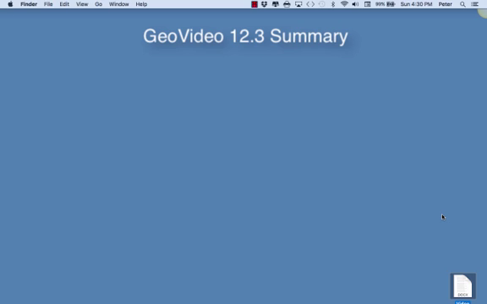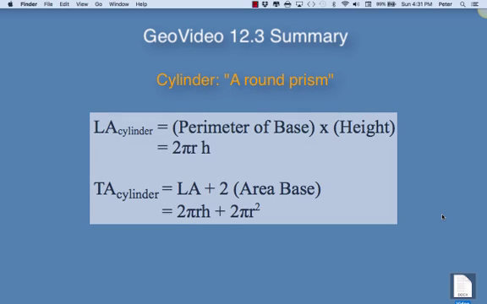Okay, in this video we looked at the surface area of circular solids. So we looked at the surface area of a cylinder, which we broke into the lateral area and the total area. Now, recognizing that a cylinder really has the characteristics of a round prism, the lateral area was simply the perimeter of the base times the height. Now, the perimeter of a circle is 2 pi r.